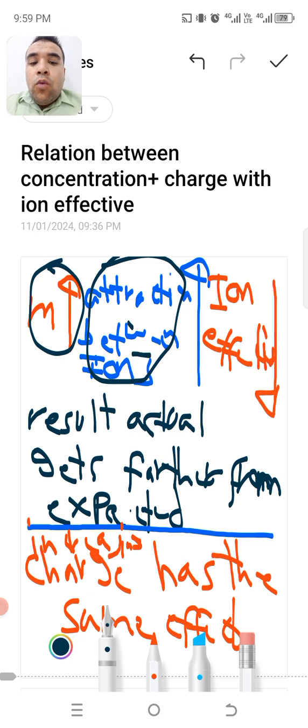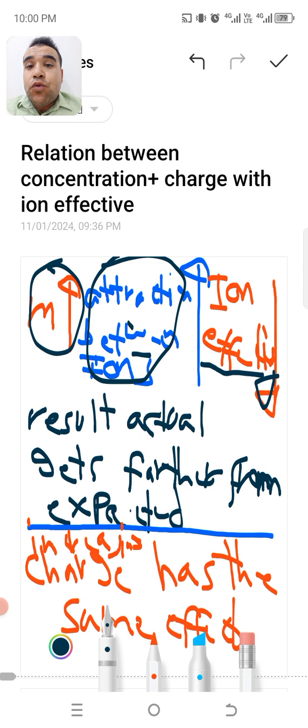So we represent this by ion effective, the effect of the individual ions in the aqueous medium. The ion effective, as you can see, goes opposite to the molality and the attraction between the ions, so the ion effective decreases.